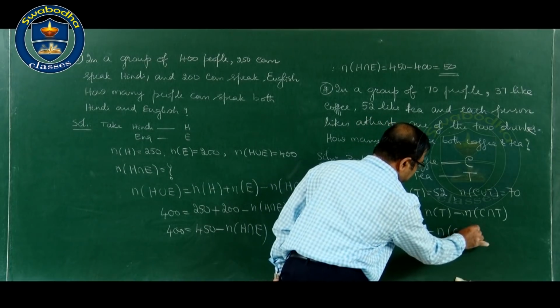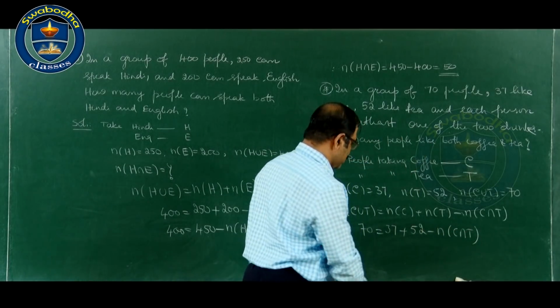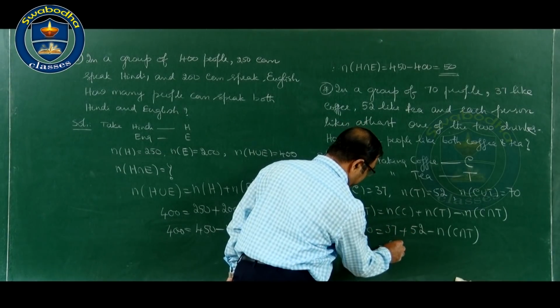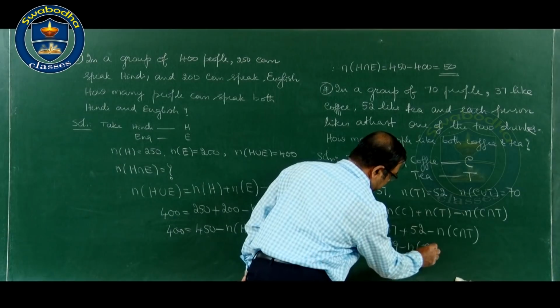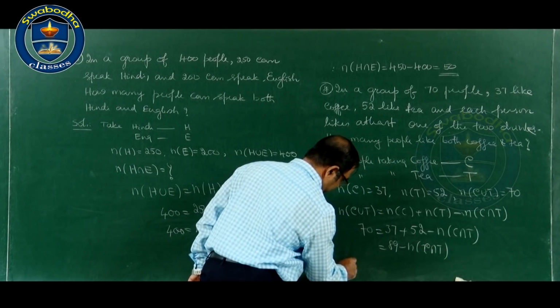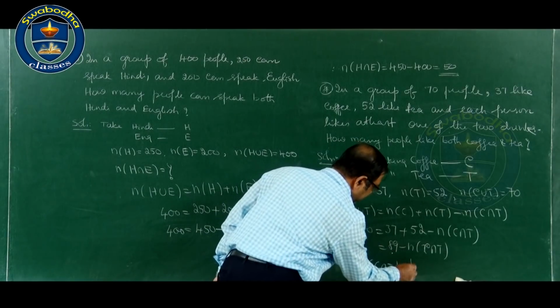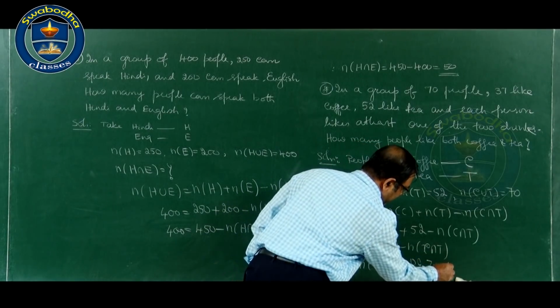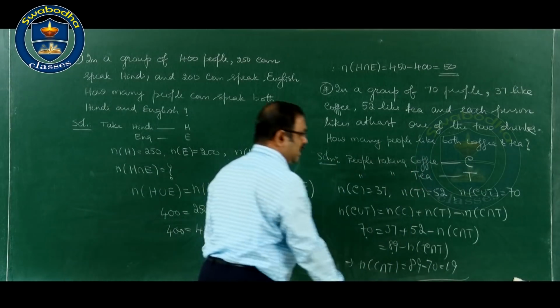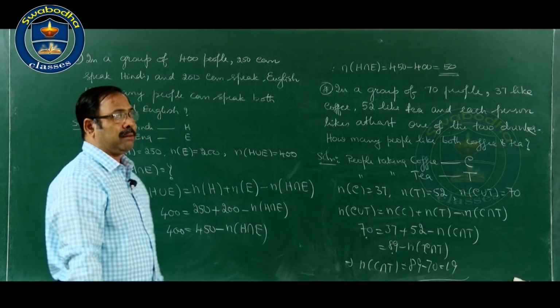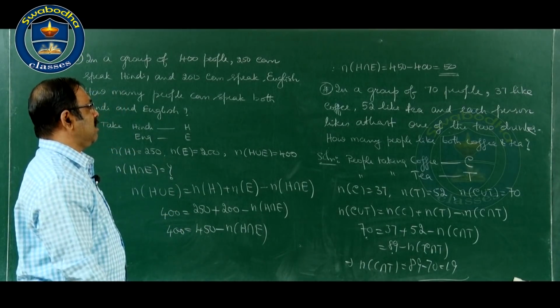N of C intersection T. So, 37 plus 52 is 89. N of C intersection T is 89 minus 70, equal to 19. Therefore, 19 people take both tea and coffee.